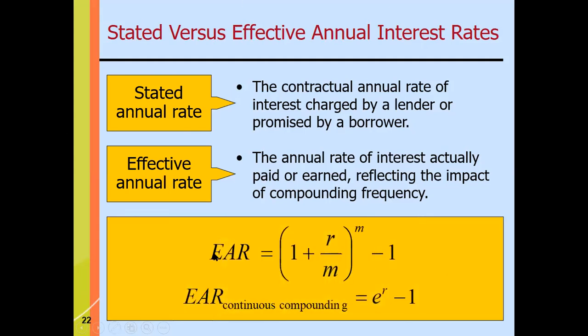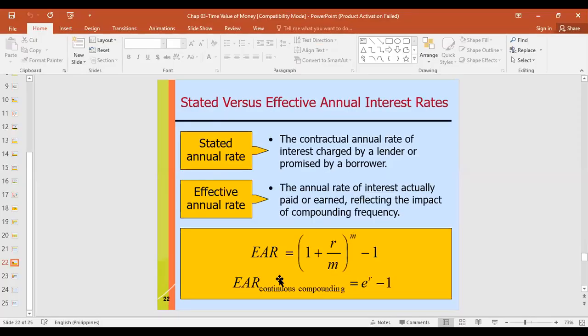So to get the effective annual rate, we have our formula here: 1 plus r over m, enclosed in parentheses, to the power of m, minus 1. So that's it for the effective annual rate, or effective rate, or the market yield of interest if that is normal compounding.